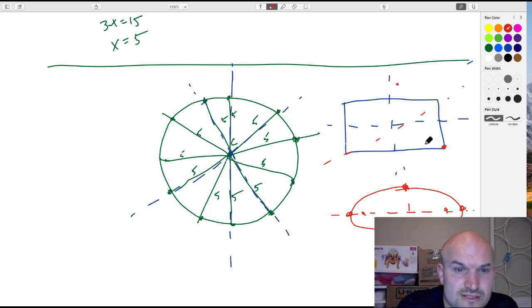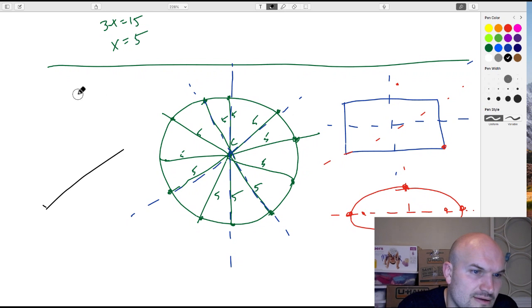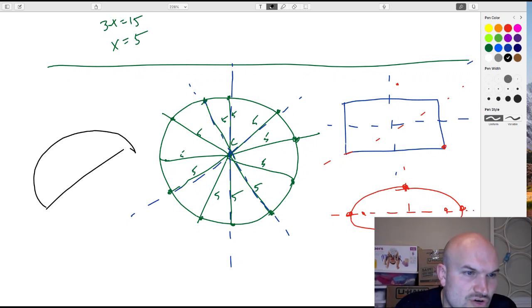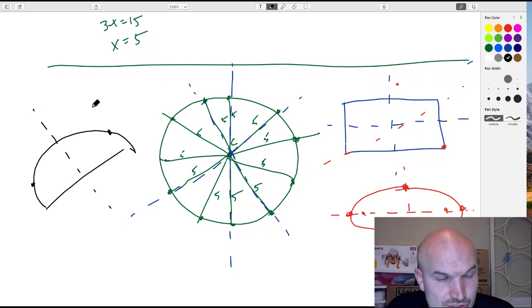Well, no, it wouldn't. If you took a circle and cut it in half, then you'd have half of a circle. Now, as far as drawing lines of symmetry, this point and this point are reflective about that line of symmetry, but this is the only line of symmetry, and these are the only points.